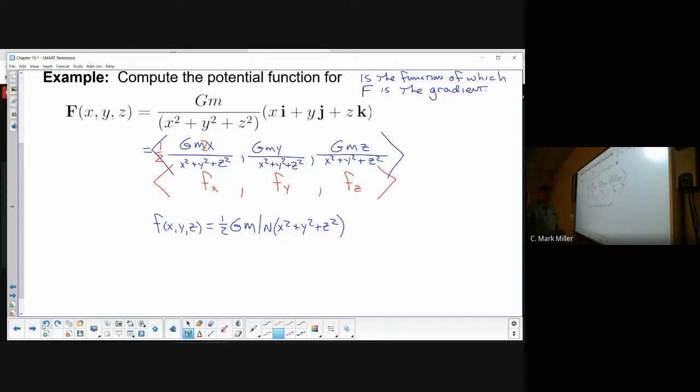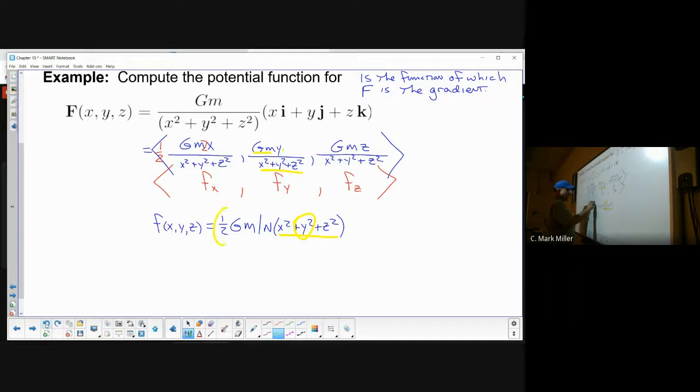Another way to try this on is take the y partial of this. What are you going to get? You're going to get gm on top, this in the bottom, and the derivative with respect to y is 2y. That's going to be in the top.